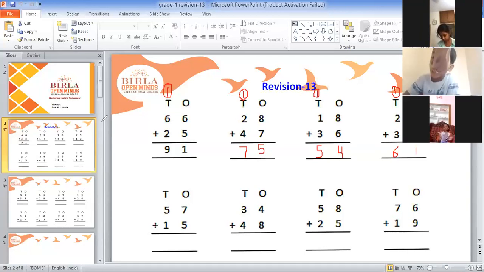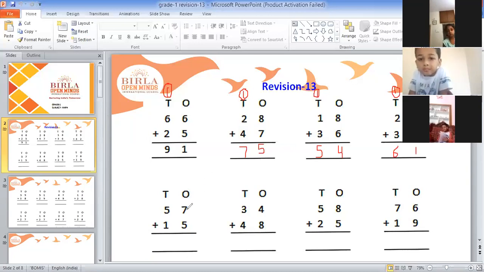Sai Ritvik. Yes, ma'am. Yeah. Now read the fifth question quickly. 57 plus 15. Very good. This is 57 plus 15.